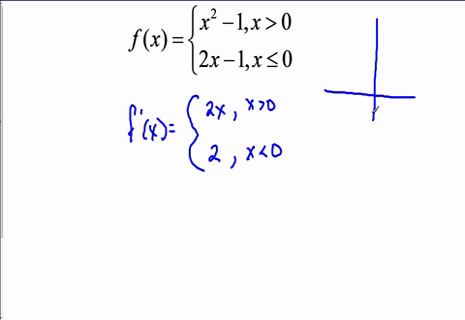Here you have the x squared minus 1 component as a parabola, and here you have the 2x minus 1 component coming up and meeting it right here. So even though you have different slopes and the derivative doesn't exist at x equals 0, a critical point still exists.